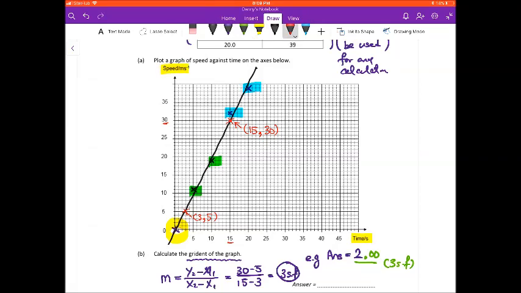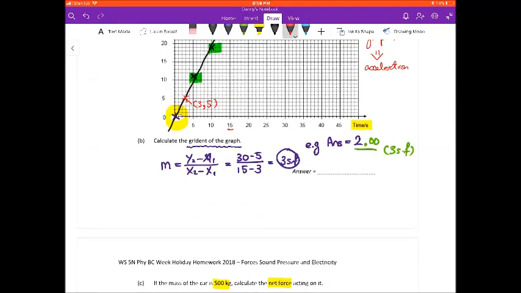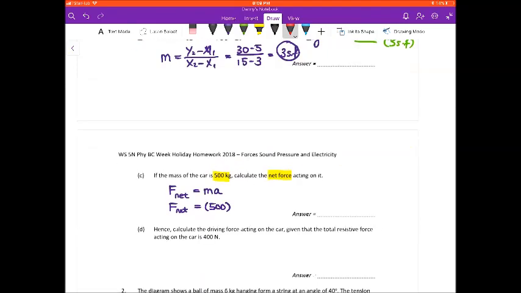So I hope you remember that the gradient of your speed time graph is equals to what? Yes, your gradient of your speed time graph is actually equals to your acceleration. Okay, so you have already found the acceleration from answer of B. So actually what you need to substitute down here inside is just answer of B. Okay, and you will get your answer.